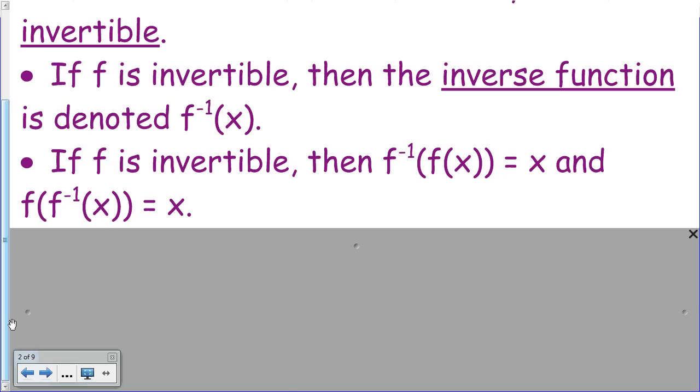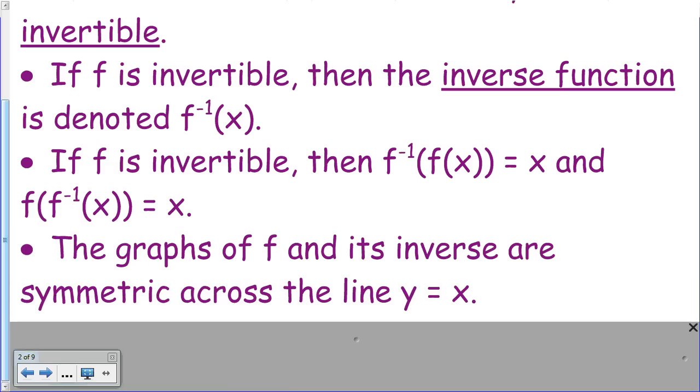All right, and the last property here is just a little bit about the graphical features of this property. It says the graphs of f and its inverse are symmetric across the line y equals x.